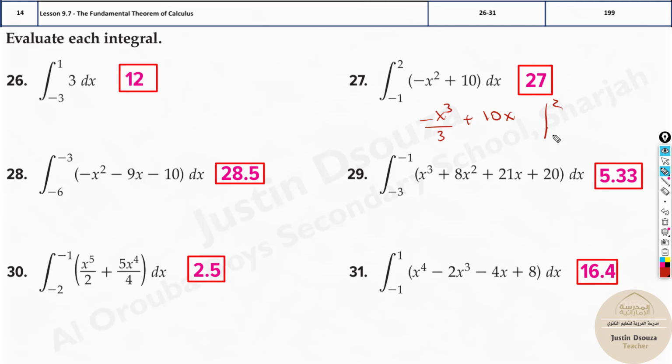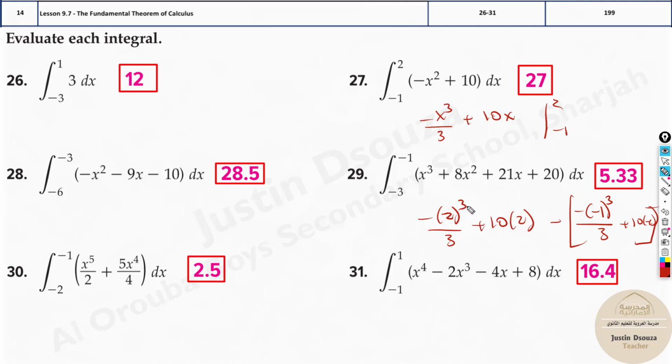Same thing over here, it would be just x cubed, minus x cubed by 3, plus 10x. Now you need to apply the limits 2 and minus 1. The first one will be, instead of x you put 2, plus 10 times 2, minus the entire thing again with the value of 1: instead of x you put minus 1, plus 10 times minus 1. We can put this in the calculator, or directly put it because it's the MCQ part. But let's solve this up.